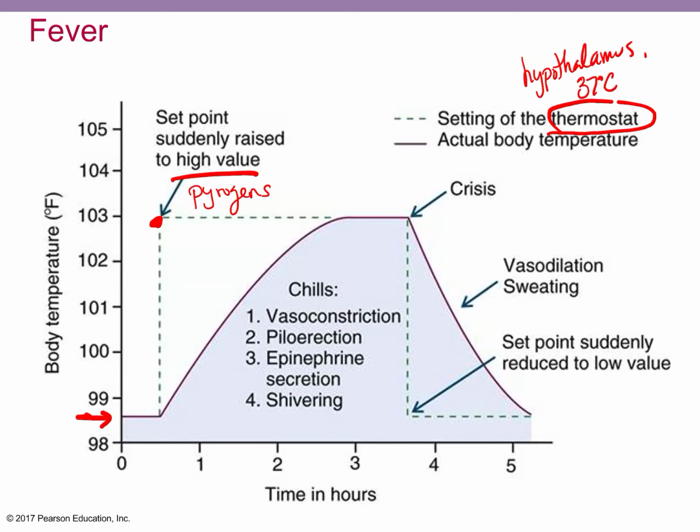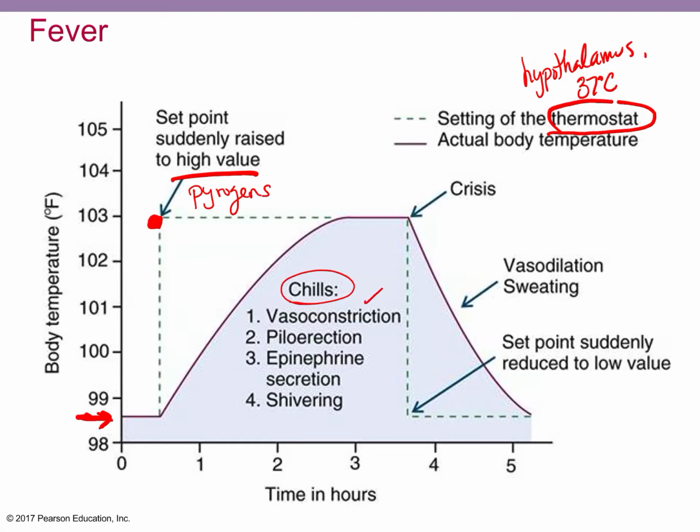Since your brain thinks this is the new normal, your body is way under that new normal, right? You're at 98 point something degrees Fahrenheit, so you're going to feel cold. Your brain thinks your body is way too cold, and you're going to have the chills. Your body is physiologically going to do all the things to try and warm itself up.